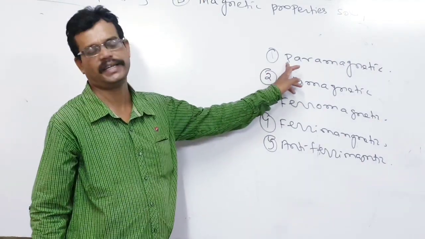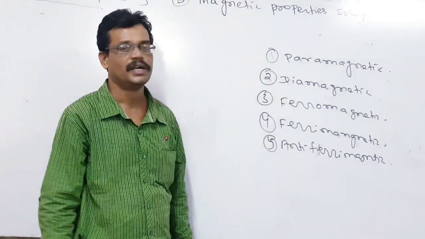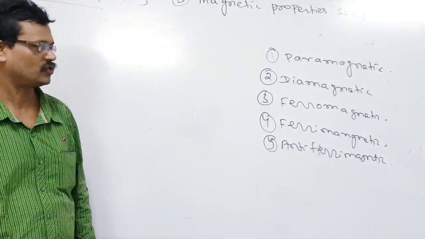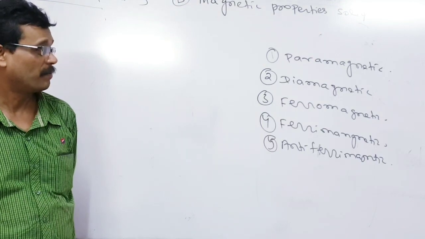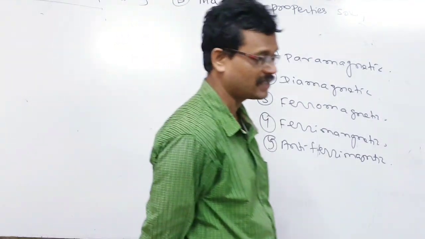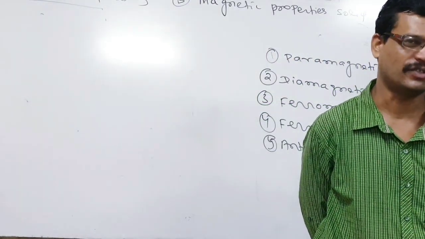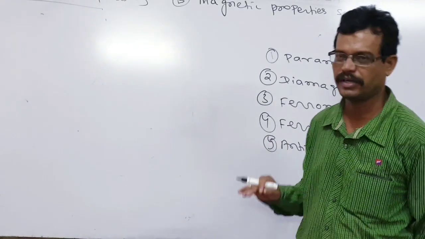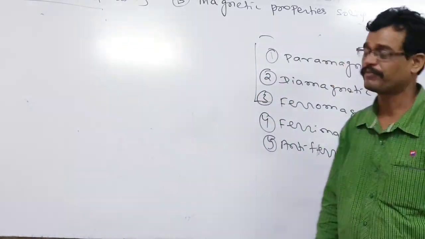See, the paramagnetic nature of magnetic solids is obtained due to the presence of unpaired electrons, hence they are weakly attracted to the magnetic field. So basically you can mainly classify these 3 types: para, di and ferro.